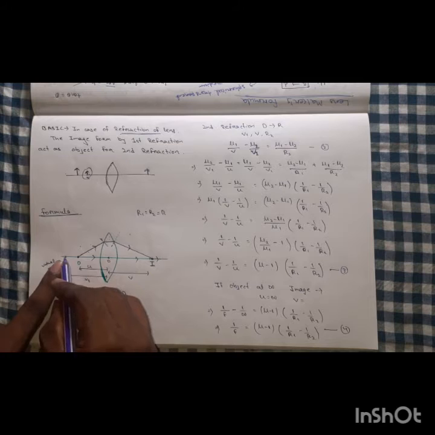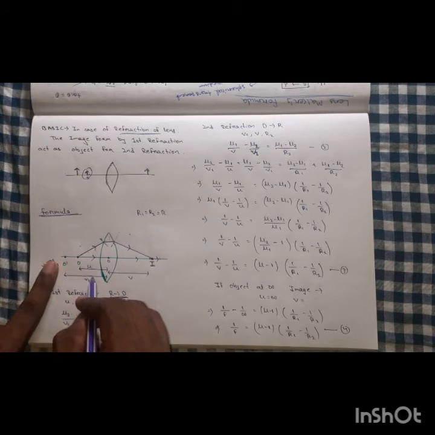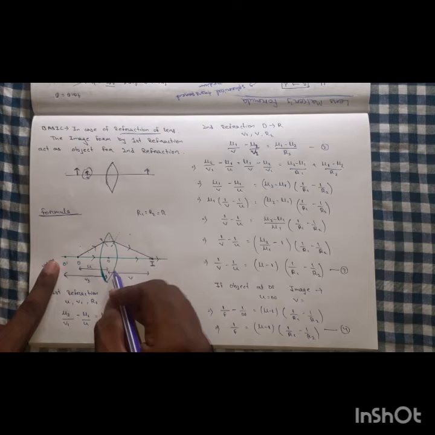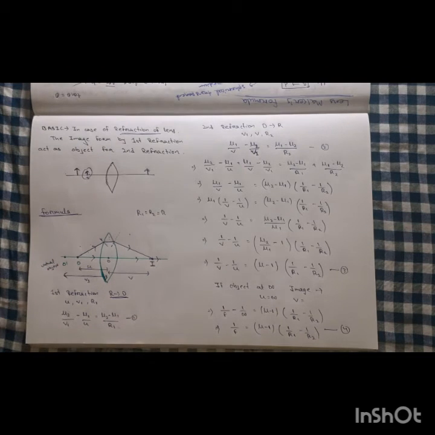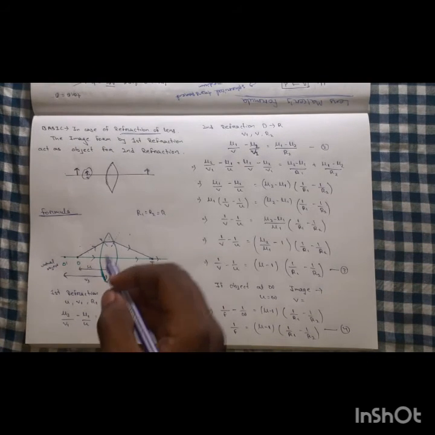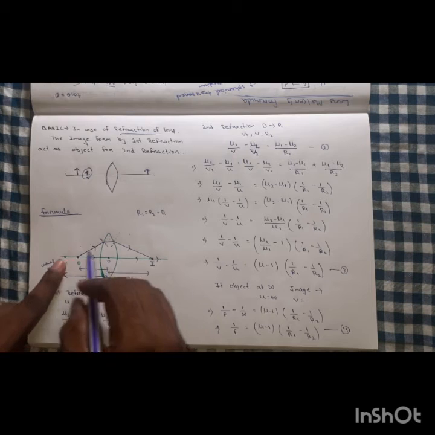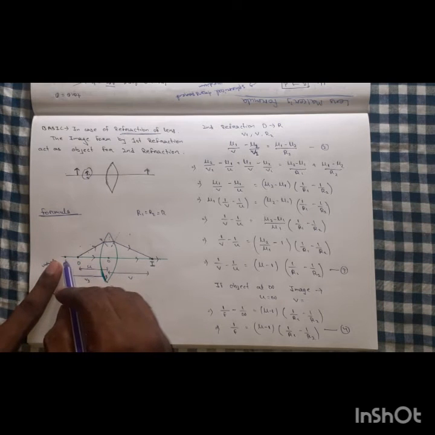So for the second refraction, the object distance will be v1. Sorry. For the first refraction, here is the object, u is the object distance, and image will form at O dash, so v1 will be the image distance.